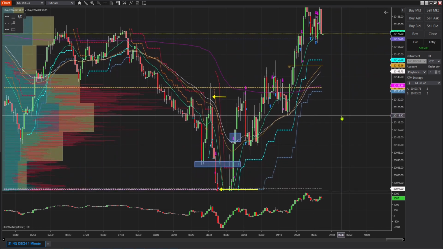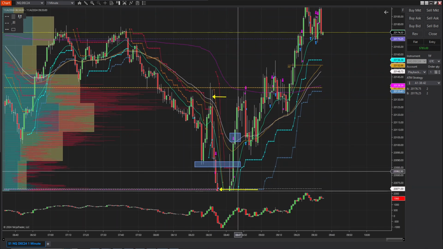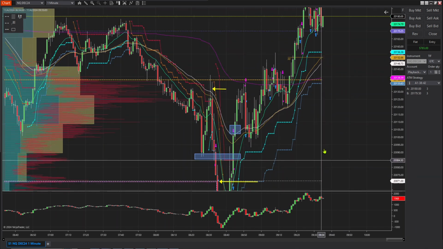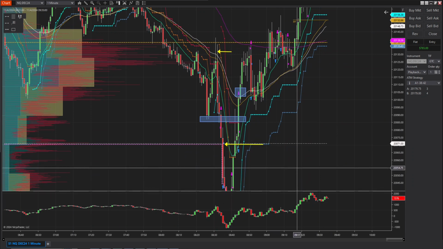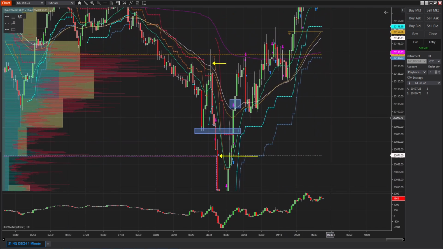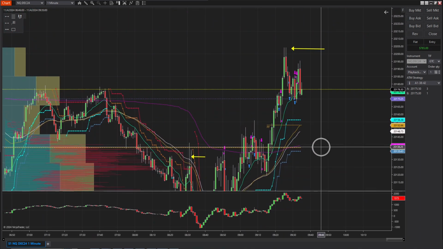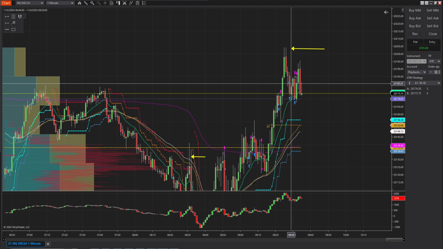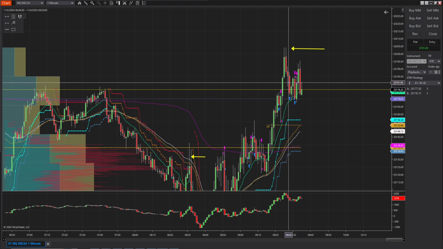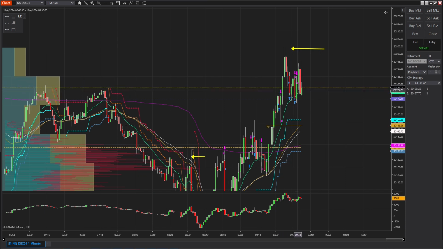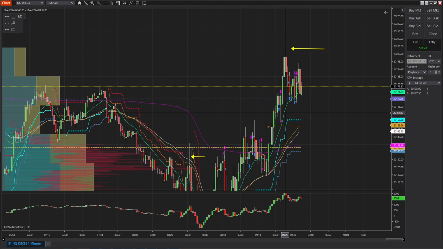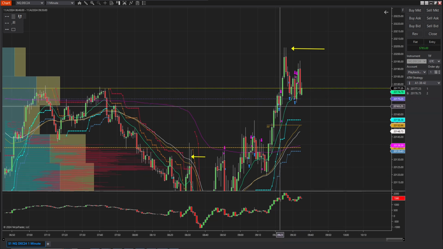The trades that worked well are the good directional ones. The ones that did not work are the locations. This did work and this did work, but this stopped out.